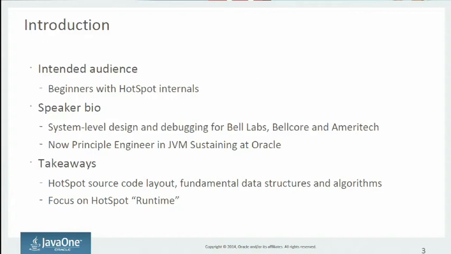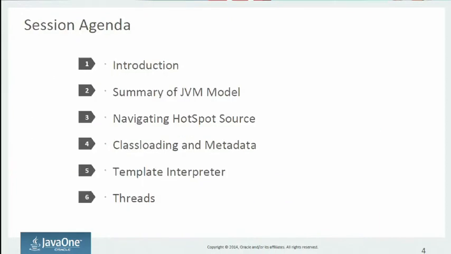And we're going to focus on what we in the HotSpot development team call the runtime, which is basically if you take away the garbage collectors and you take away the compilers, runtime is everything that's left. So the interpreter, the class loading stuff, the threading system, all three of those you'll learn about today. But then there's a whole bunch of other miscellaneous stuff that's in the runtime as well.